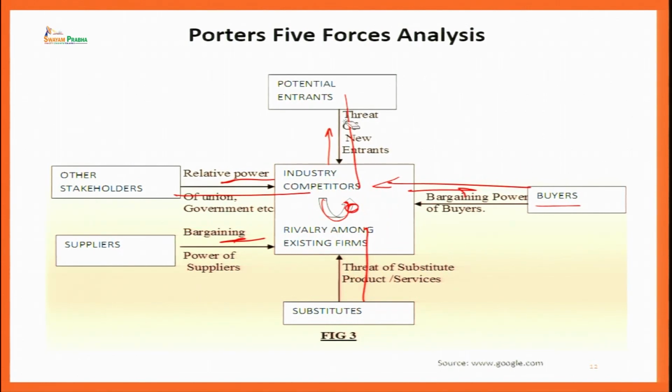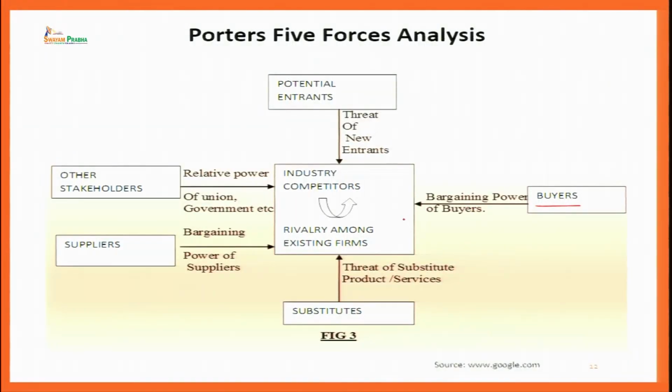So what is important to understand in this 5 forces Porter's model is that there are certain significant forces coming from outside. It is not only within the industry, or within the company, that you are having a competition. Even there are certain forces coming from outside. So you have to have the right strategy in your hand to handle those different forces which are creating trouble for your company.